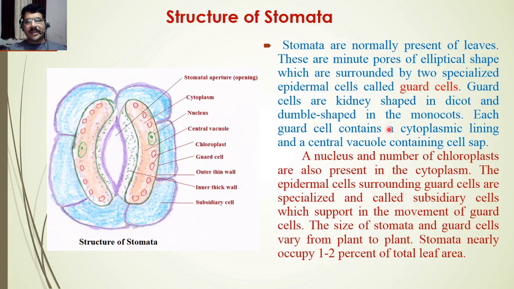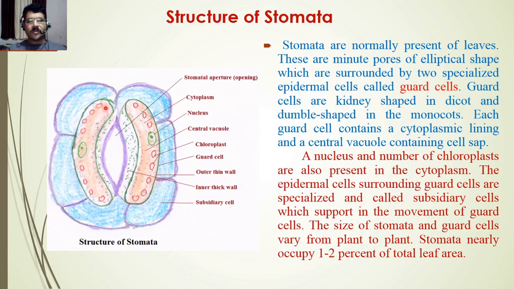Each guard cell contains a cytoplasmic lining and a central vacuole containing cell sap. A nucleus and a number of chloroplasts are also present in the cytoplasm. You can see here the nucleus of these guard cells.